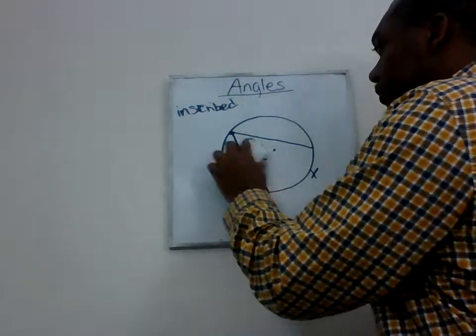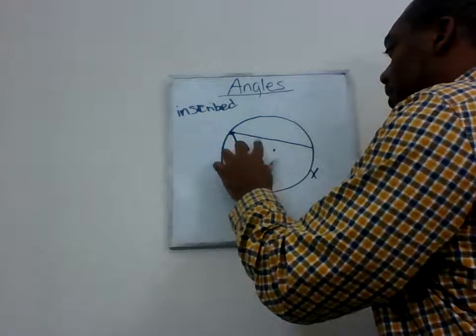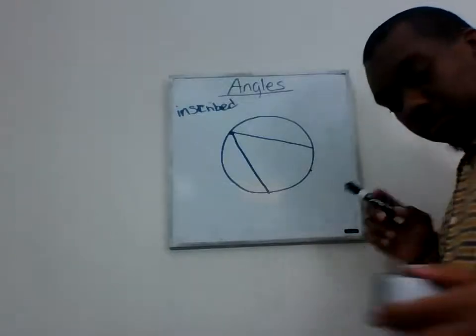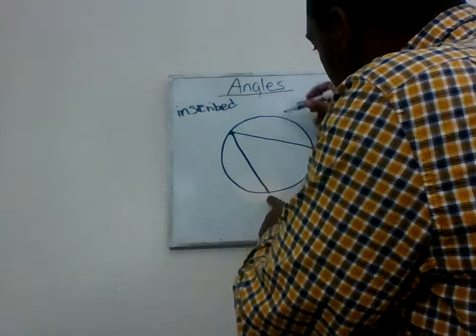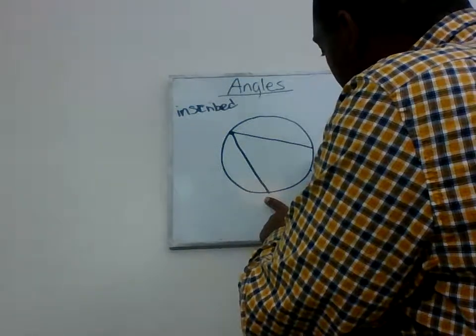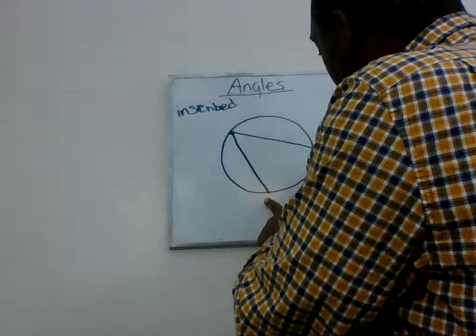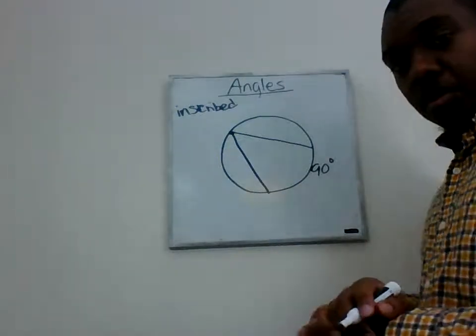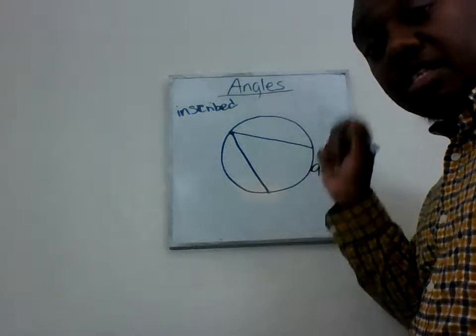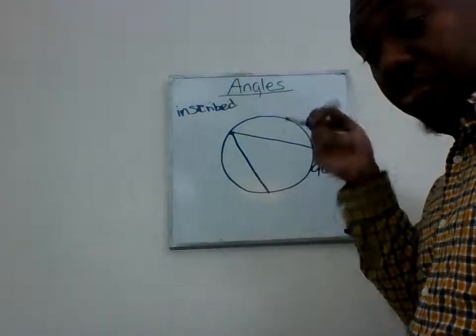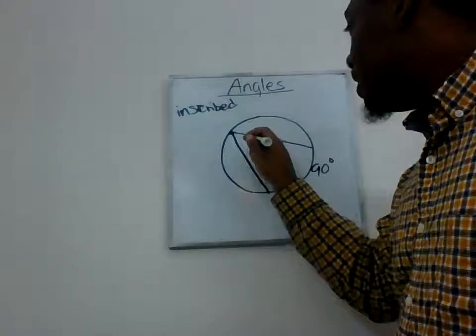So let's say this arc is 90 degrees. So this arc measures 90 degrees. Well, to find the measure of this angle that's on the circle, this inscribed angle, let's call this theta.